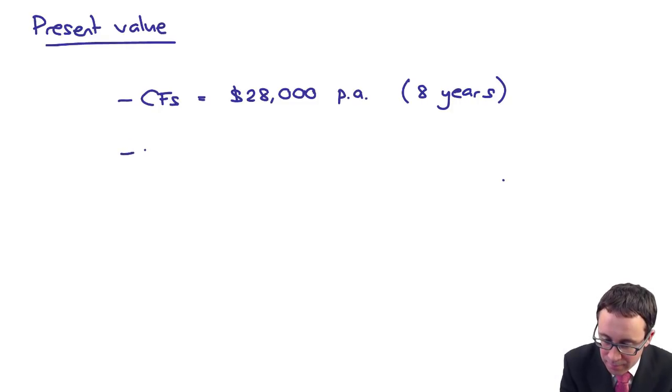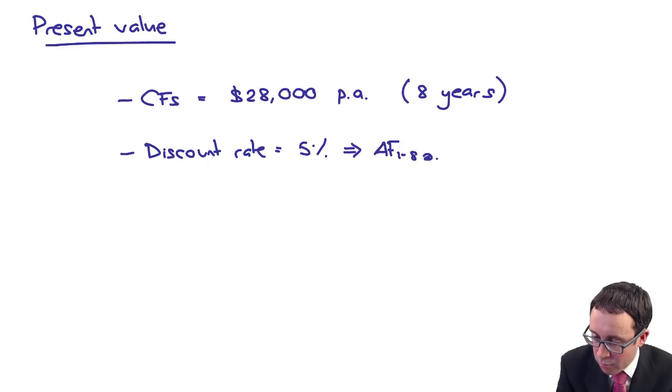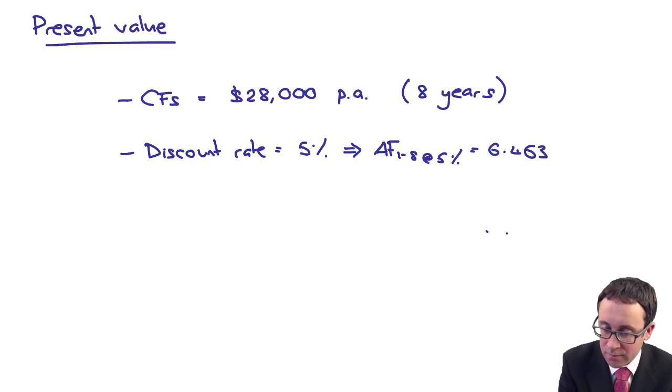Let's just say that your discount rate is 5%. So if you've got a discount rate of 5%, I'm not going to get all financial management on you, but an annuity factor of 1 to 8 at 5%, I'm led to believe, is 6.463.